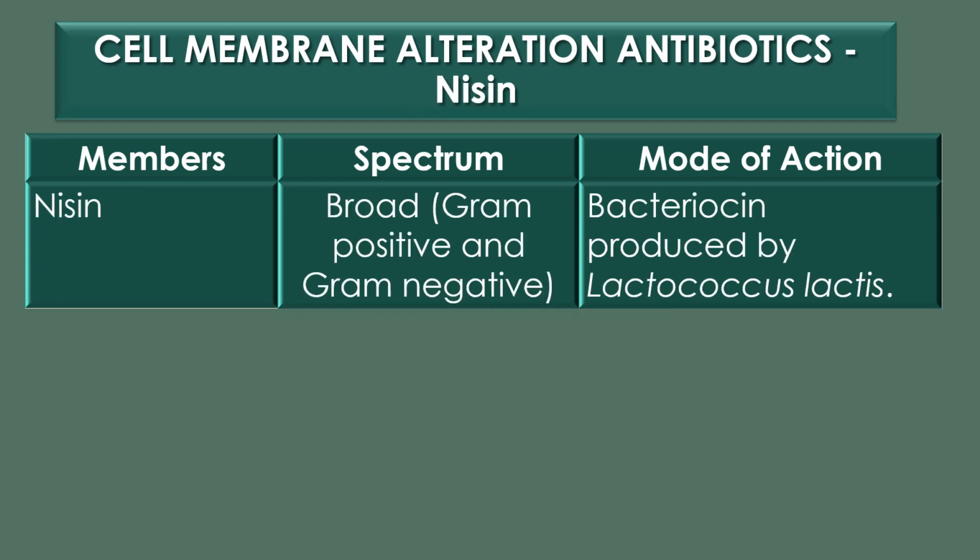The second antibiotic group of the cell membrane alteration antibiotic category is nisin. This nisin exhibits broad spectrum of activity against gram-positive bacteria and gram-negative bacteria. And this nisin is a bacteriocin which is produced by the lactic acid bacteria Lactococcus lactis, and it is having a wide range of antimicrobial activity against multiple pathogenic bacteria and other organisms.